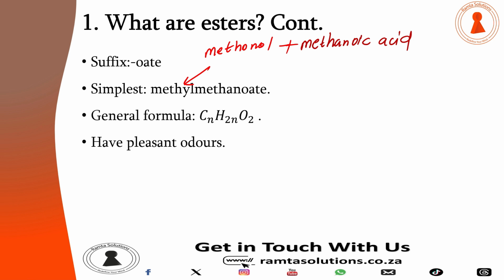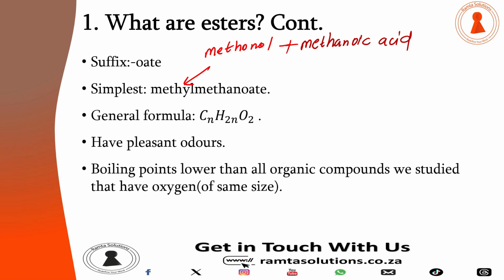And something about them is this. You will see the structure later. They have boiling points higher than the hydrocarbons that we dealt with, but their boiling points and melting points are lower than all the organic molecules that we dealt with that have oxygen. So their boiling points are lower than aldehydes, ketones, and carboxylic acids. Remember, carboxylic acids, of all the homologous series we dealt with, have the highest boiling point.